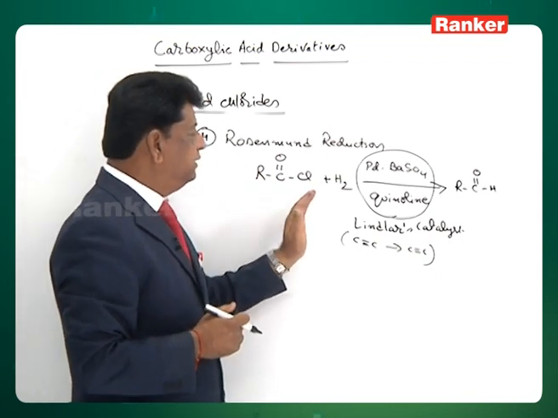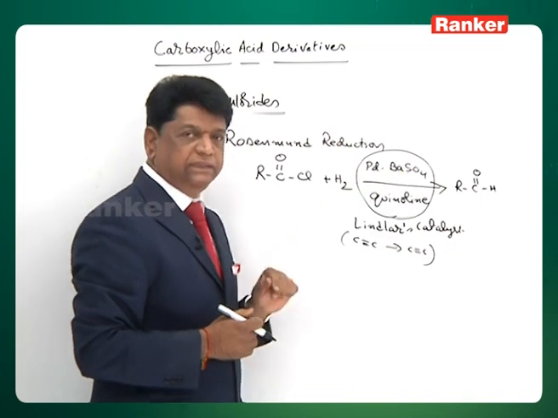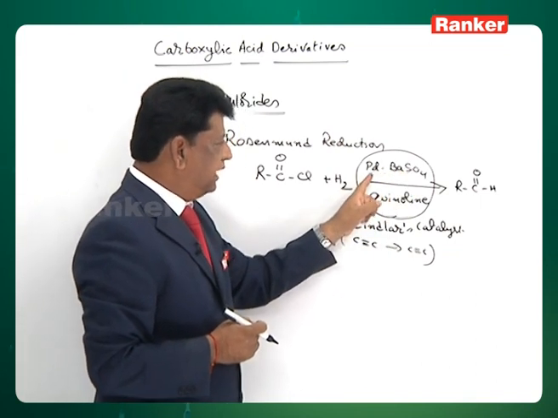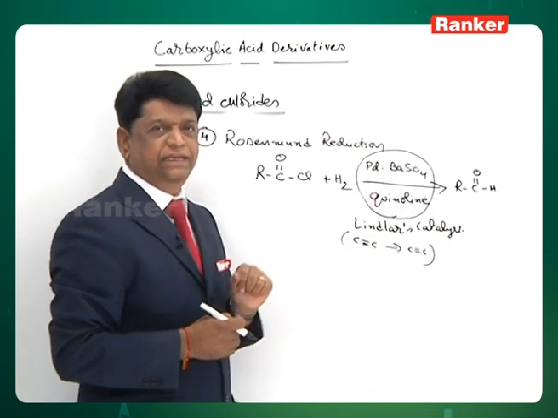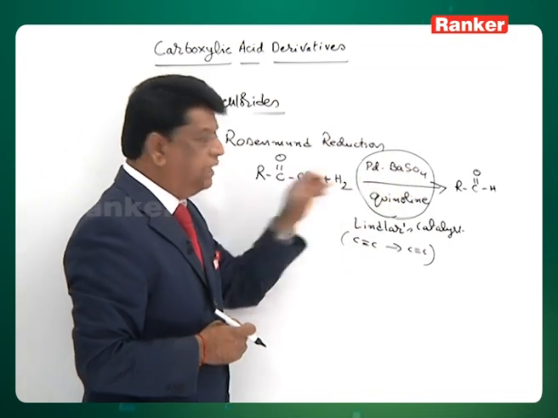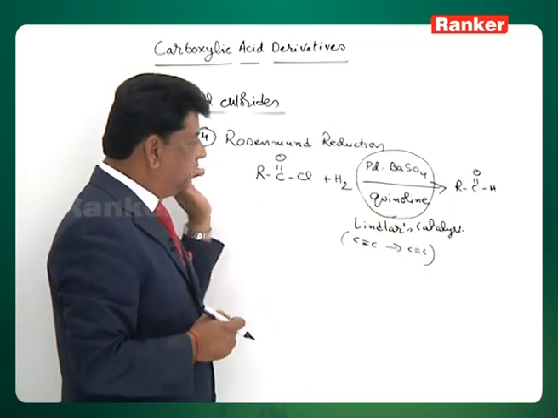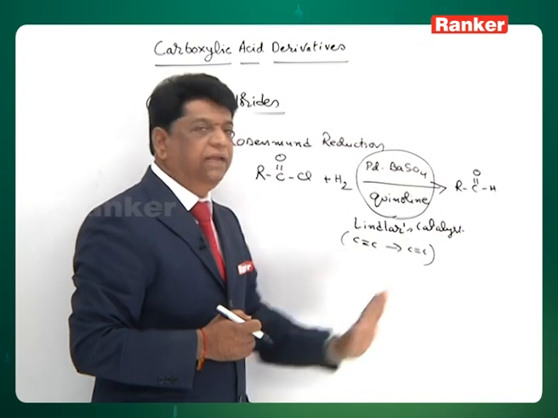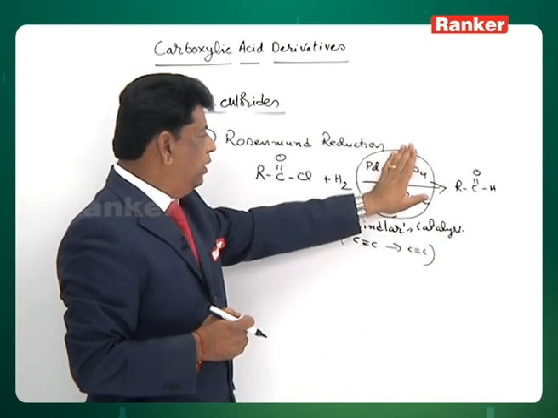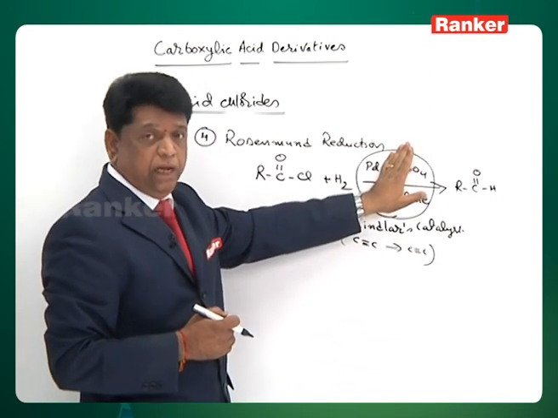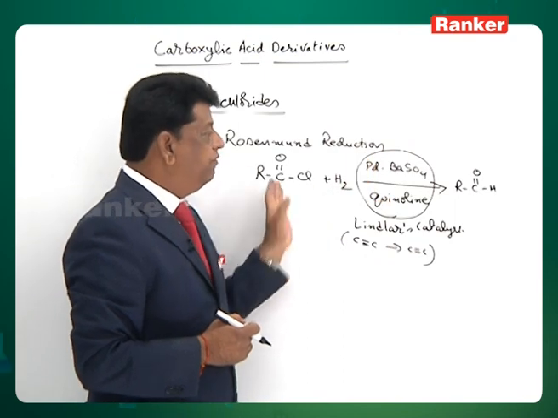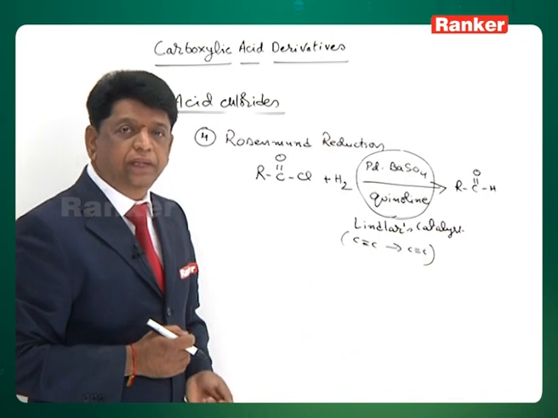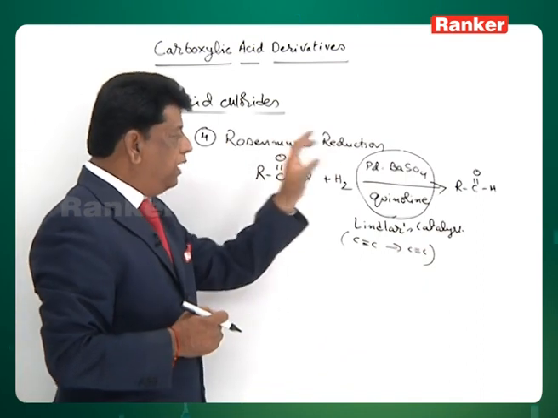It is catalyzed, but because of the sulfur present in the extra catalyst, this is a deactivating agent, it works as a poison on the catalyst. Therefore, the reaction takes place only in one step, not the second step, it stops at this level. In fact, if only palladium and hydrogen or nickel and hydrogen is used, definitely you will get first the aldehyde, then it is successively reduced to the alcohol, but here only up to aldehyde is formed.